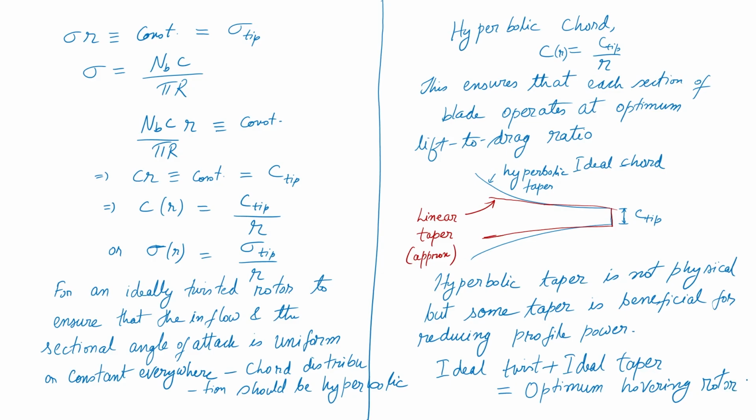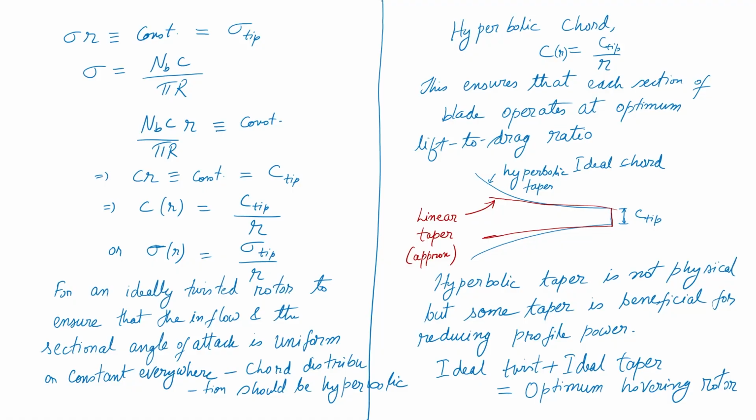So, again it is a concept, it is again an idea which allows us to come up with better design. It tells us what would actually work for us if I try to design a rotor with minimum power consumption. I would ideally want to have some twist and some taper.